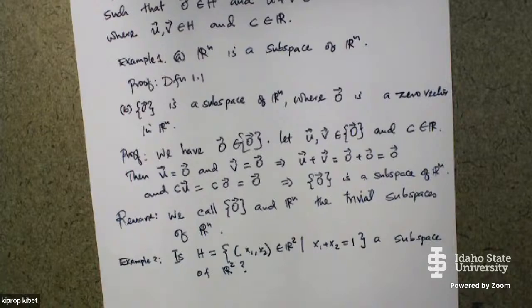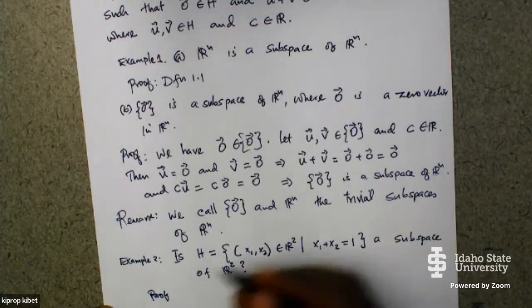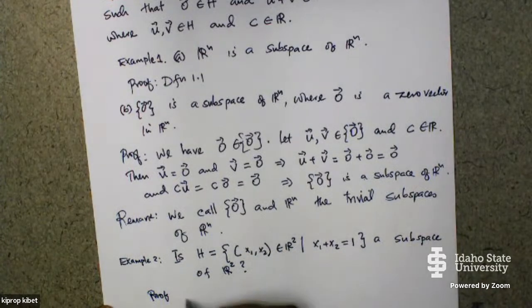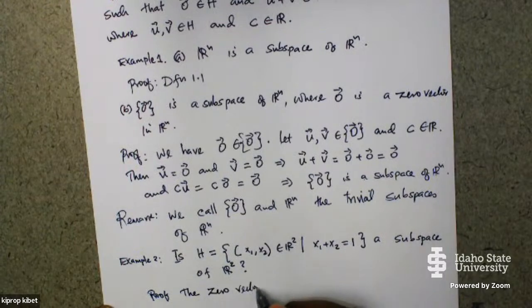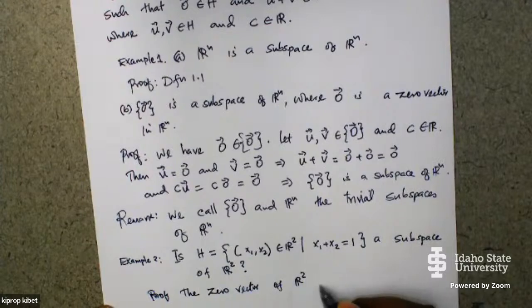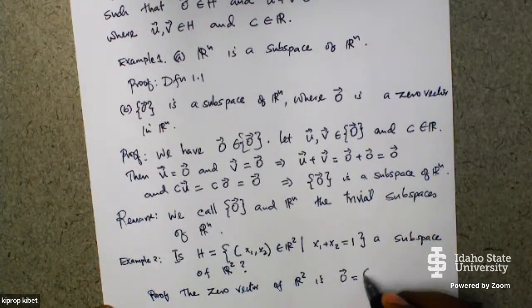So what do we need to know? So the proof or the solution. We know that the zero vector of R2 is 0, which is equal to (0, 0), right?